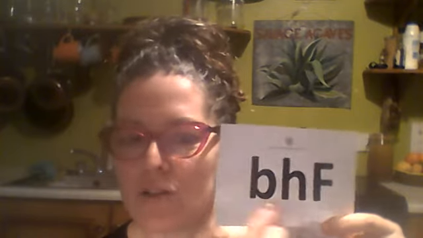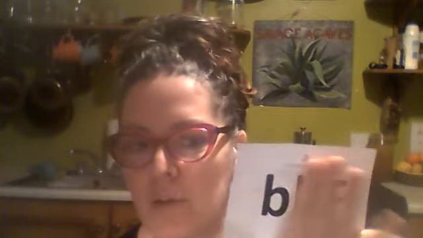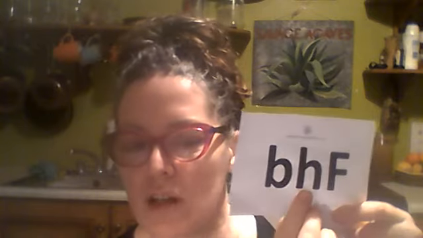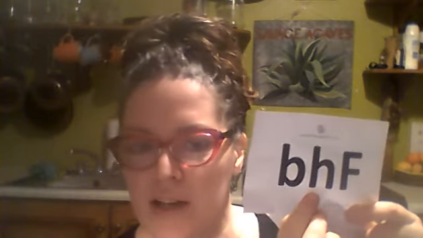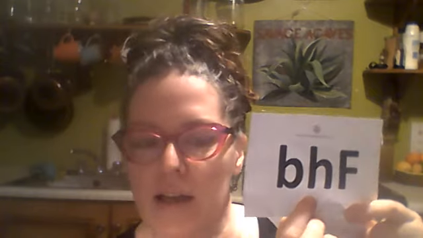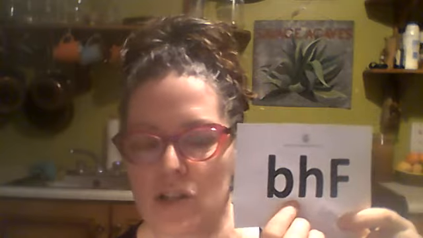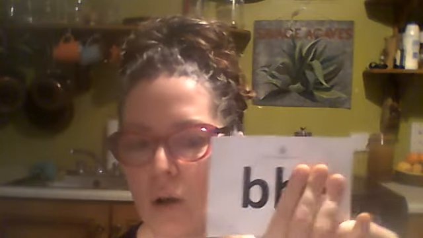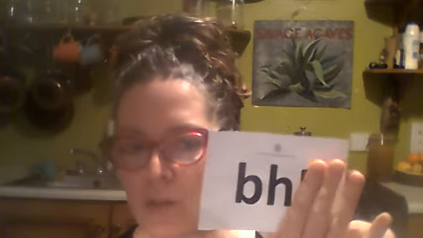So the good news is that when you see BH in front of F, it disappears the sound of the F, but also the BH will be pronounced as a W sound or a V sound. So BH in front of F will be a V sound or a W sound.